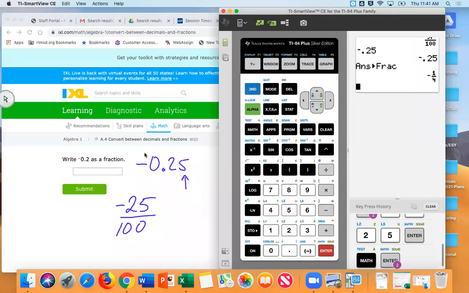So let's look at this. Now, which way do you guys want to do it? Do you want to do it using the calculator or kind of knowing the place values? What do you feel? Let's pick on Maddie. Which one would you like better?